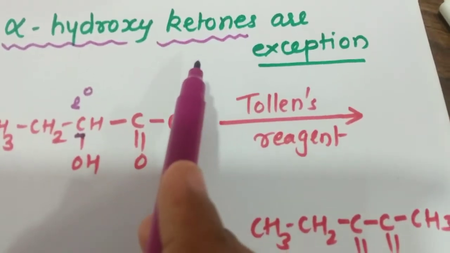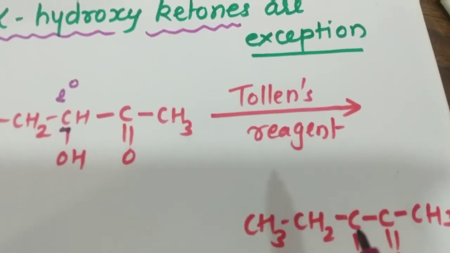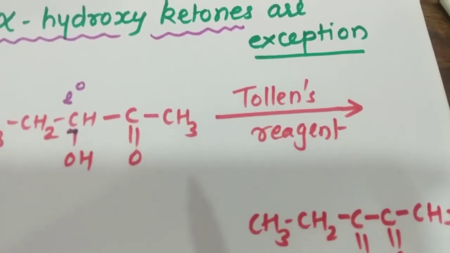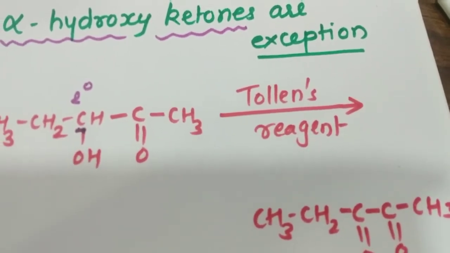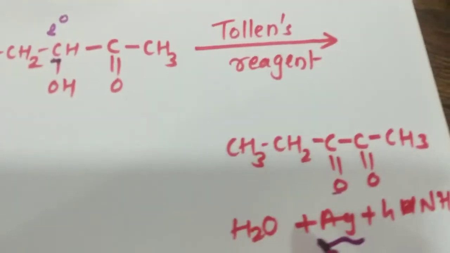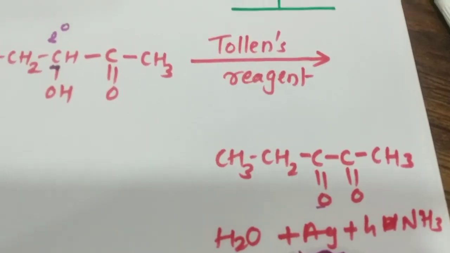They do react with Tollens reagent as well as the other tests also. And here, as I have used Tollens reagent, there is a deposition of silver, and hence it will show the silver mirror test as well.